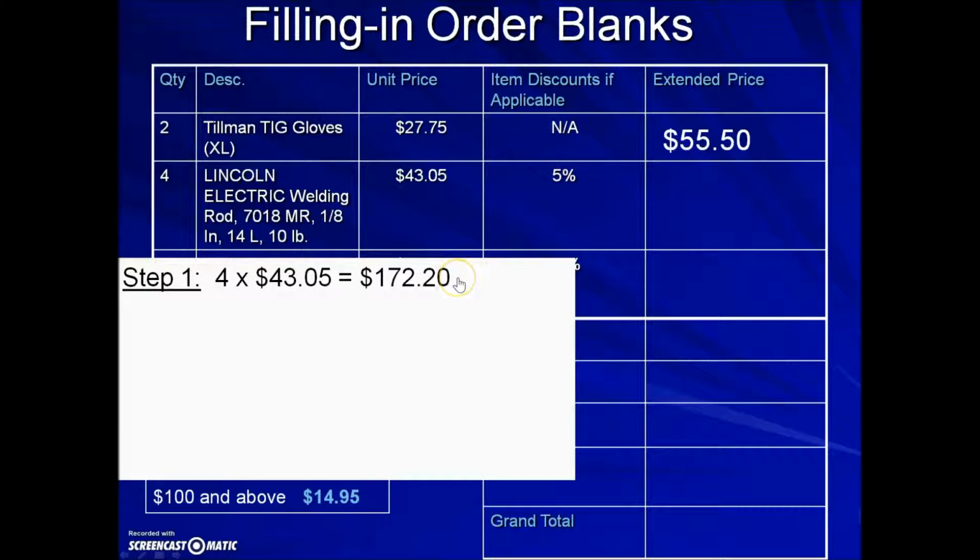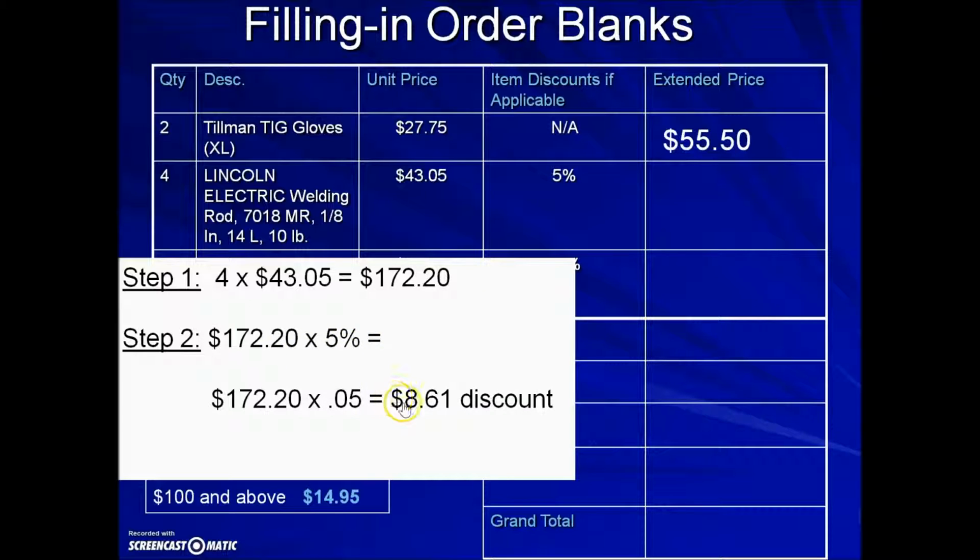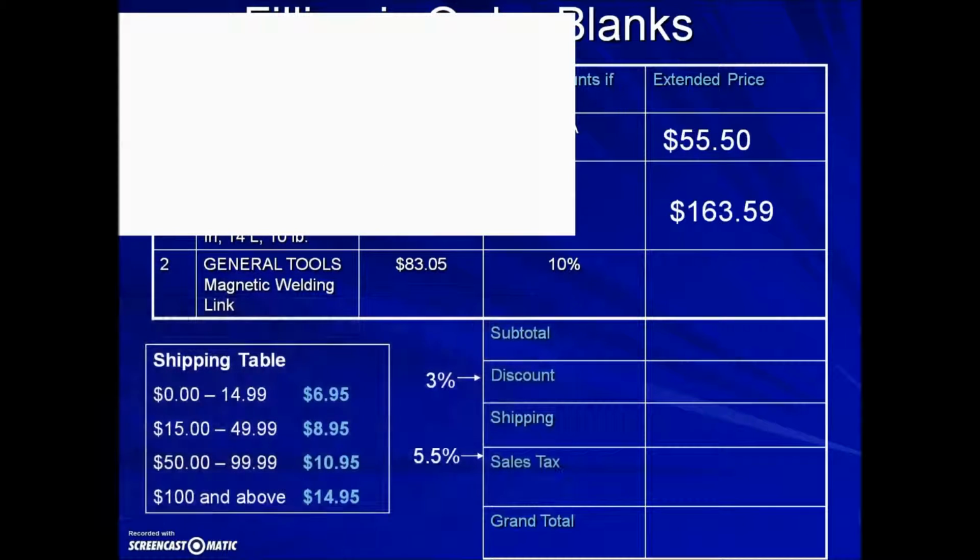So we'll treat our extended price or original price of $172.20 as our base, multiply it by the rate to give the discount or the part that we will be able to reduce our original price. So $172.20 minus the discount of $8.61 gives us an extended price of $163.59.